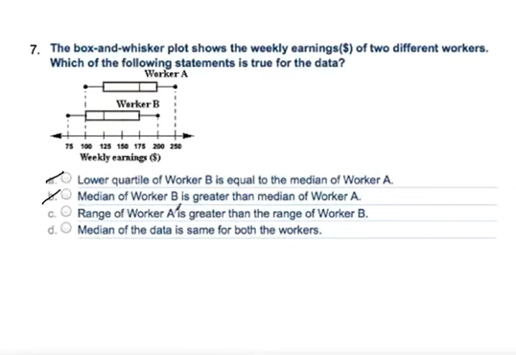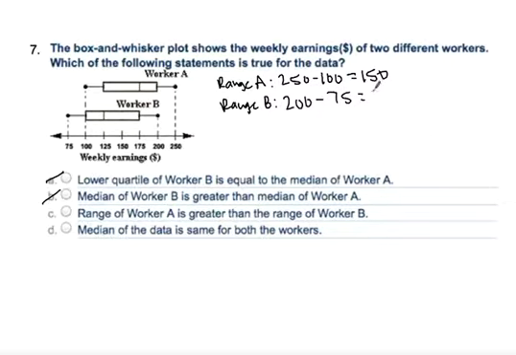C says the range of worker A is greater than the range of worker B. The range for A would be 250 minus 100, which would give us 150. Now we need to find the range for B to compare those. The range for B would be the maximum, which is 200, minus the minimum, which is 75.